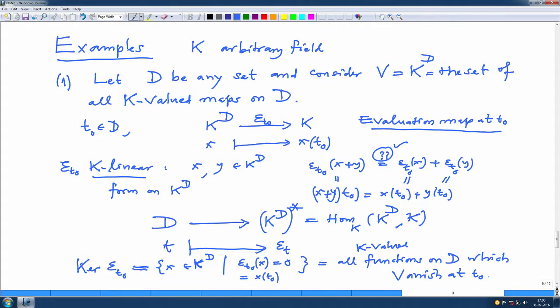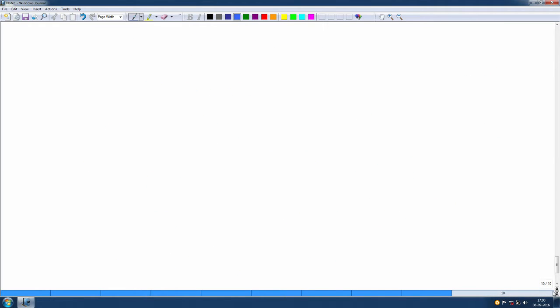Usually such considerations are done in analysis courses to study functions and so on. So this language of linear algebra will help tremendously in studying analysis. Also the next example will tell you this more. So for example, now let us take the field K to be the field of real numbers R, and let us take I to be an interval.